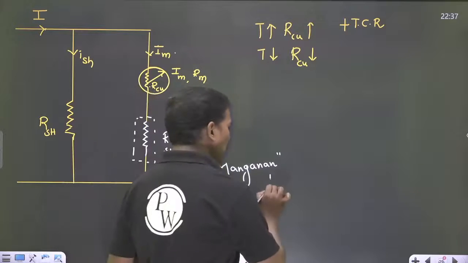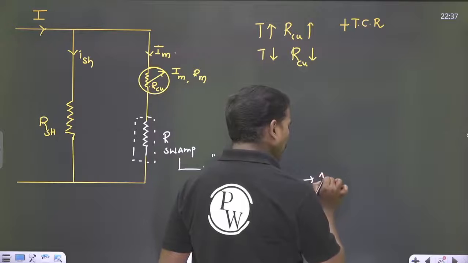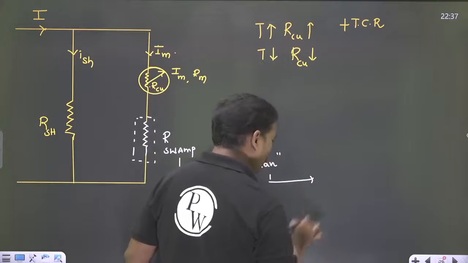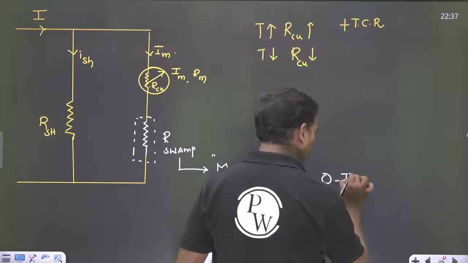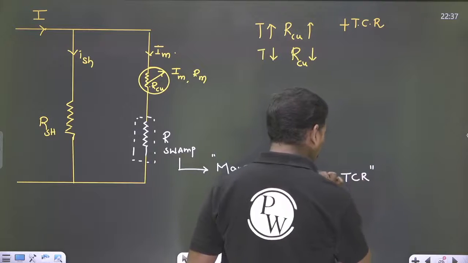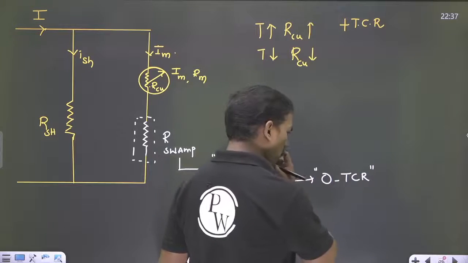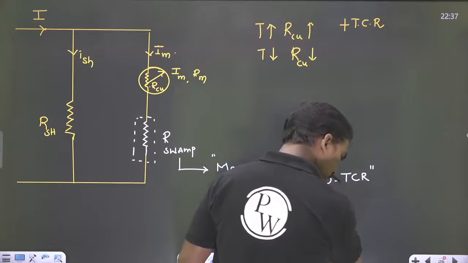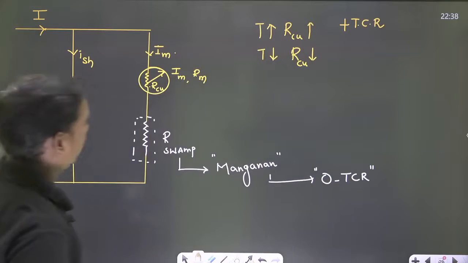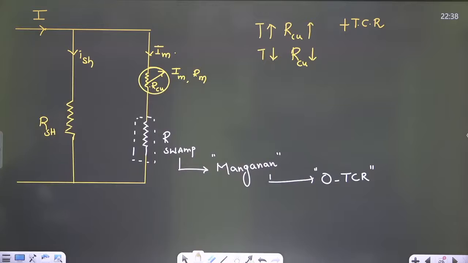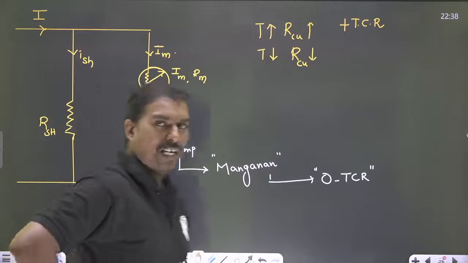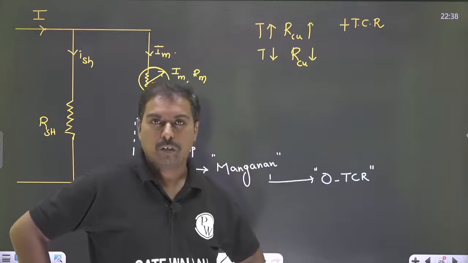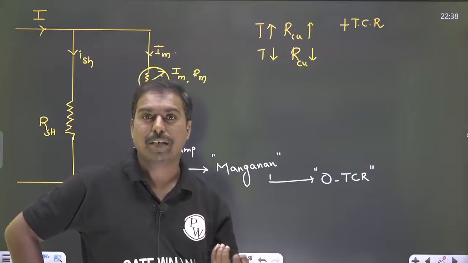This manganese has zero TCR. Okay, so that means what? Its resistance is unaffected by the temperature.